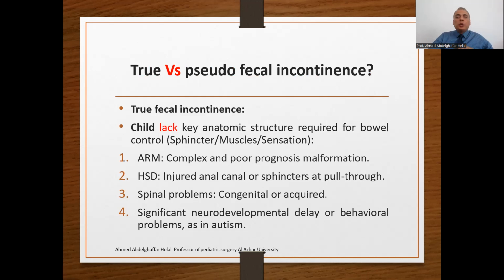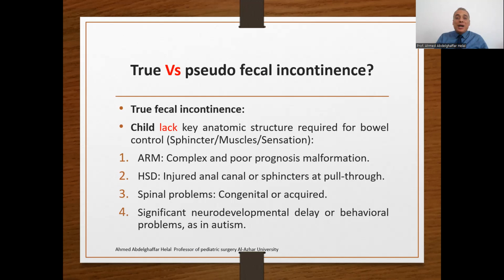Now, what is true and pseudo-fecal incontinence? True fecal incontinence means that a child lacks key anatomical structures required for bowel control. Anatomical structures required for bowel control, we speak about sphincters, yes, internal and external. We speak about the anal canal and anal canal sensation, yes.